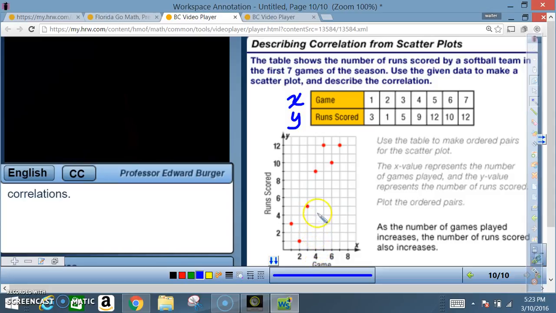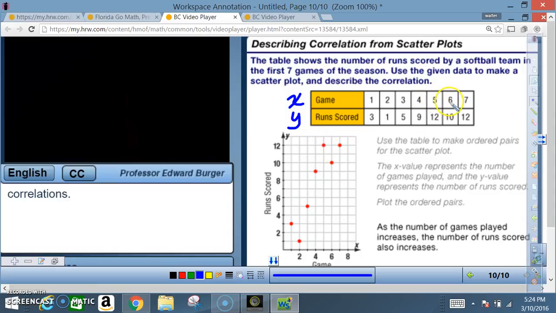Next you have x is 5, y is 12: 1, 2, 3, 4, 5, and up 12.